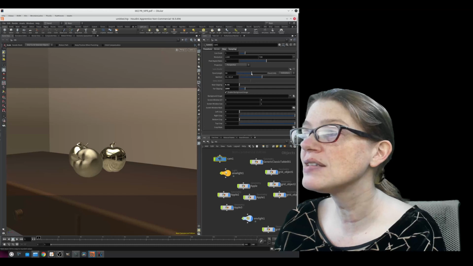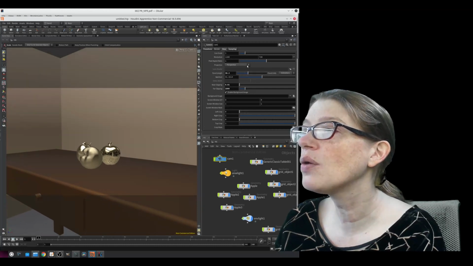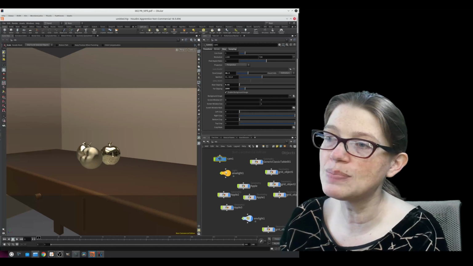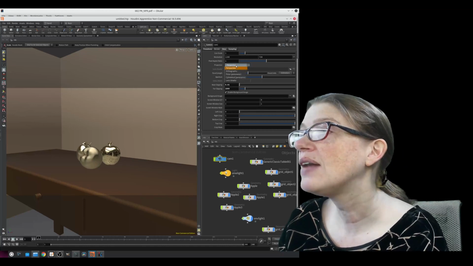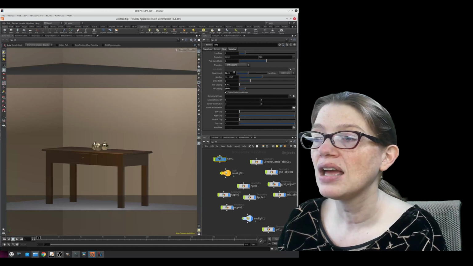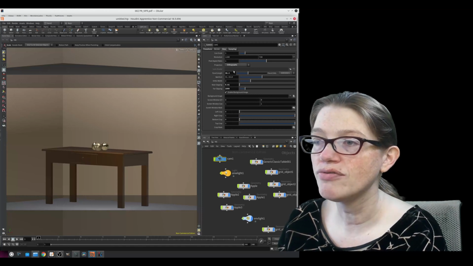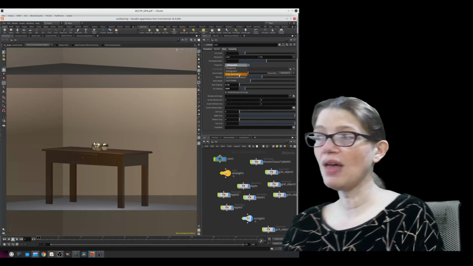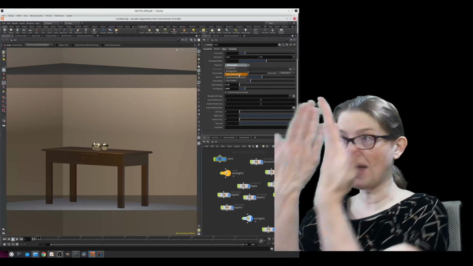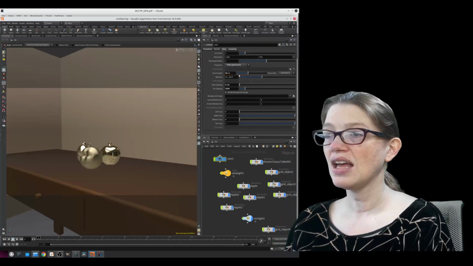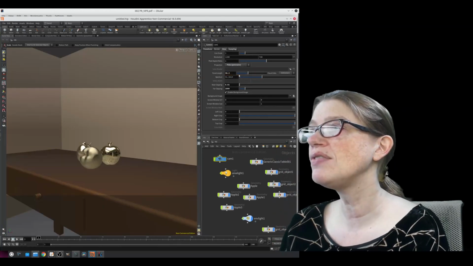Let's just look at it. So let's set this far away. And you can see here that this apple in front is bigger than this apple behind. And if we set this to orthographic, we get a very different view. There are some other ones. There's also a polar or a panoramic camera where you can actually see things like that. And obviously that one's going to give you a different view transform.